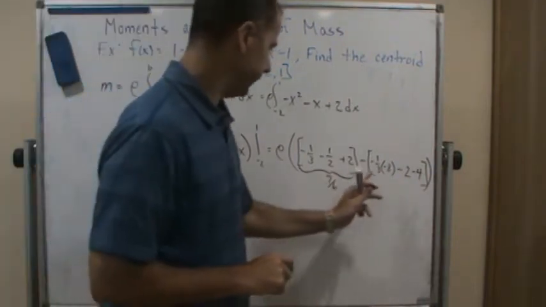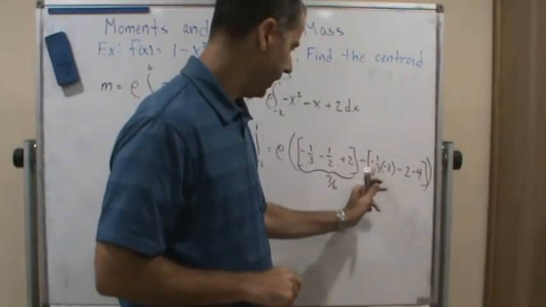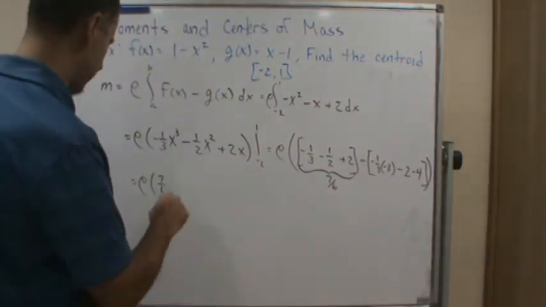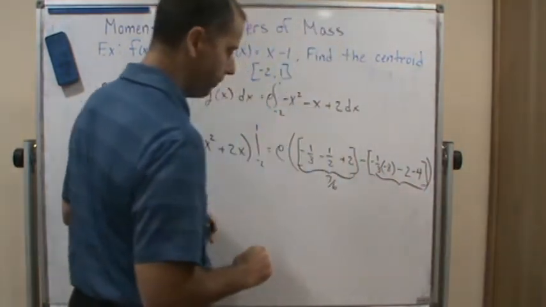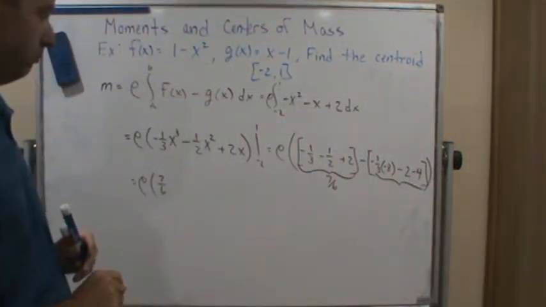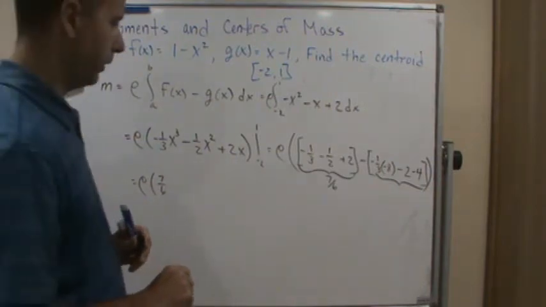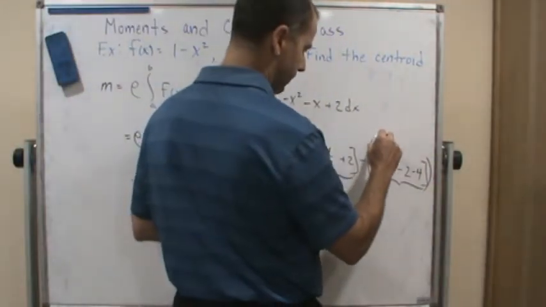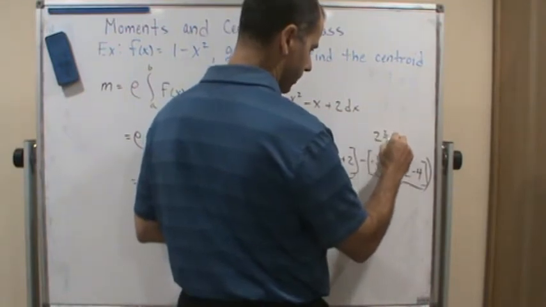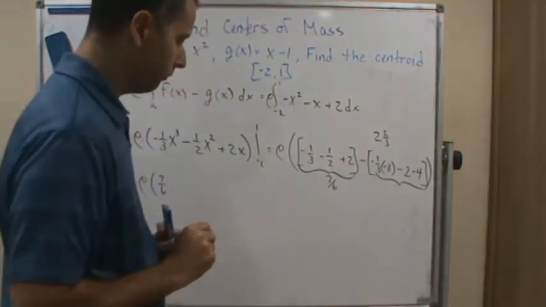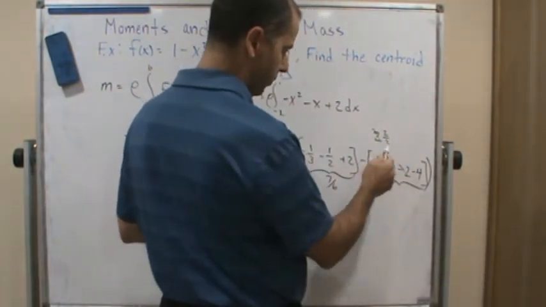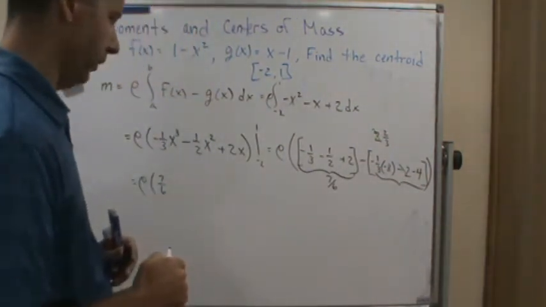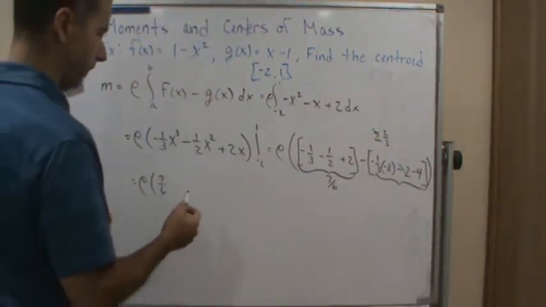And then over here we get what? We get 8/3, right? So we get 8/3 minus 6. Okay, and 8/3 is the same as 2 2/3. So this 2 cancels with this 2, so we actually get 2/3 minus 4, which is a negative 3 1/3, right?